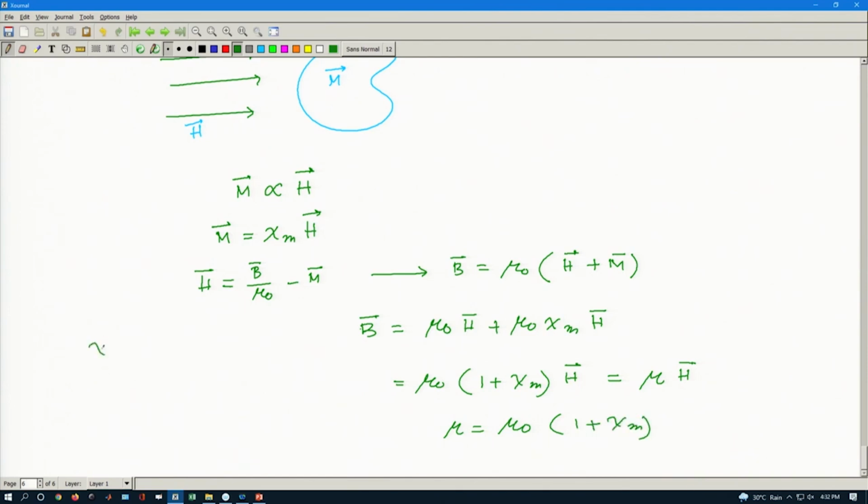Chi m is called the magnetic susceptibility, and mu is the permeability.